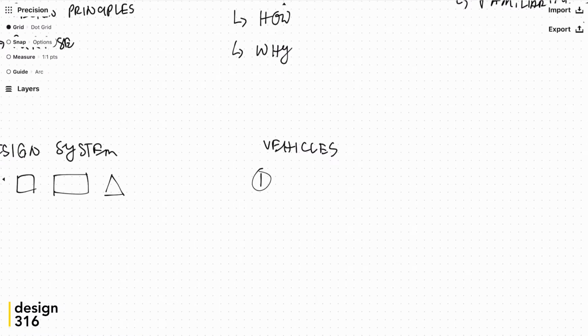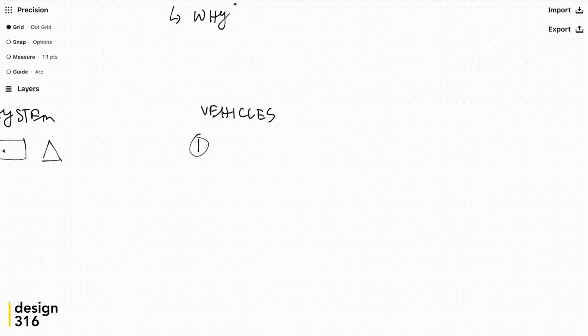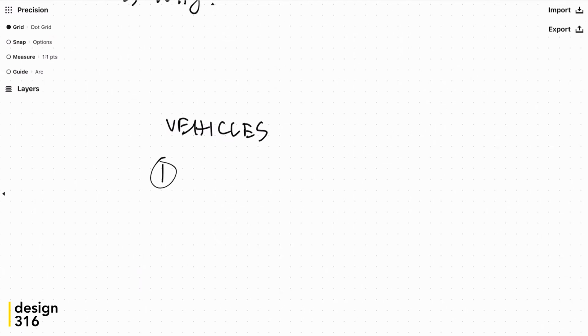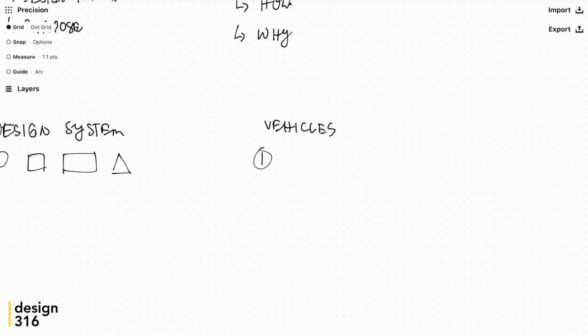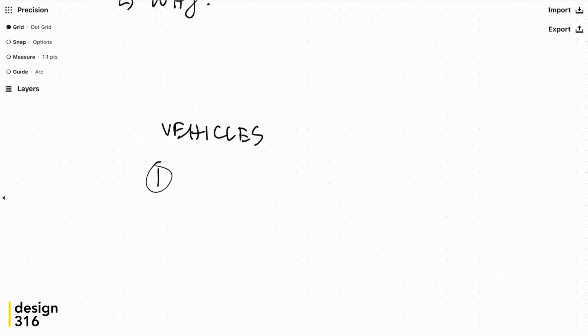So let's try to create 3 vehicles, and starting from the first one, let's say ang una nating vehicle is designed for farming. So if farming yung vehicle natin, ano yung posibleng maging design niya? So posibleng may malaking wheels, alright?